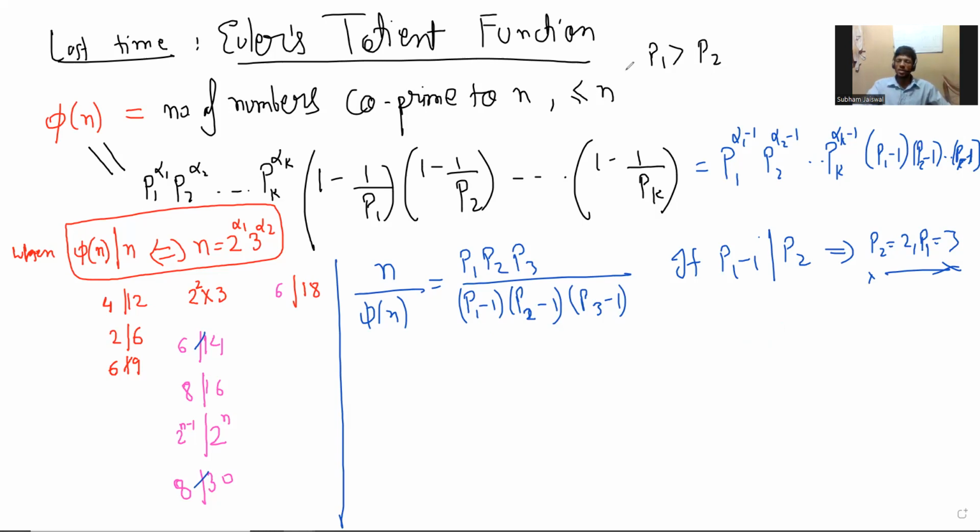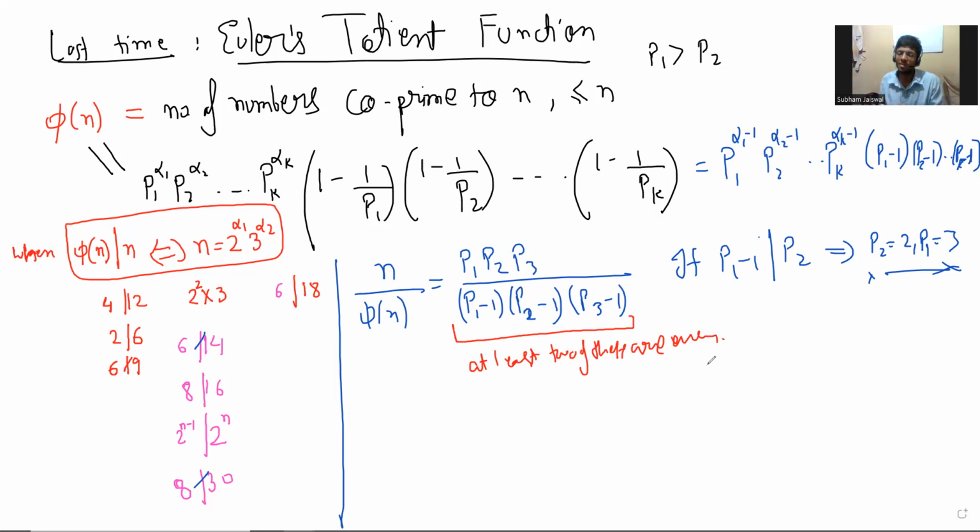But you see, there is a small thing here, right? At least two of these are even. Do you guys agree? Because only one of them can be two, right?